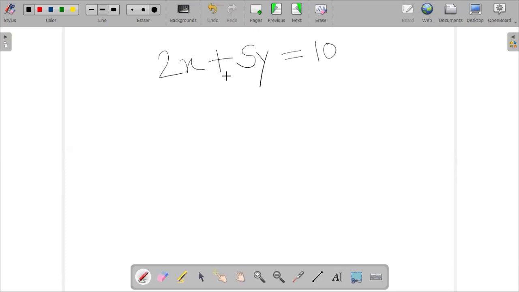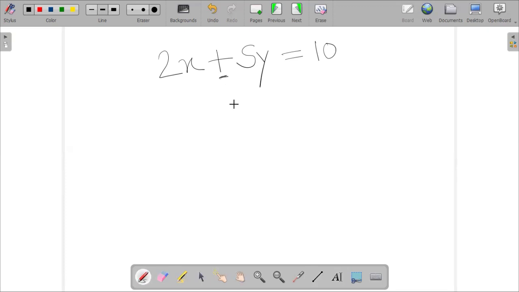I pick some constants, numbers, and some variables whose value is changing, and I mix them like this: 2x plus 5y is equal to 10.